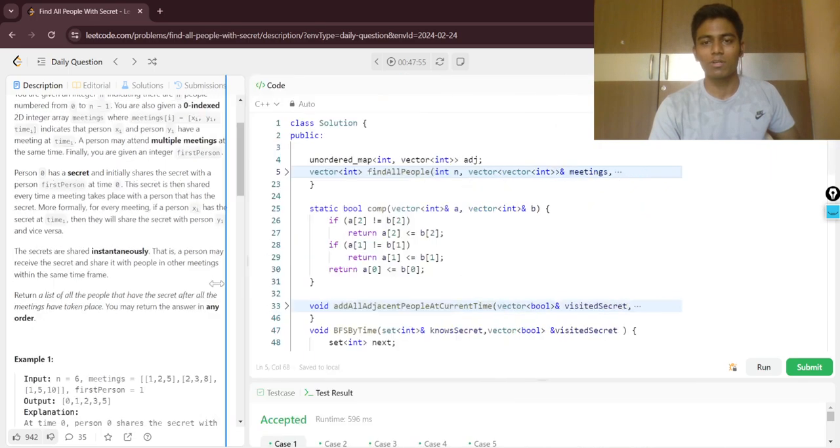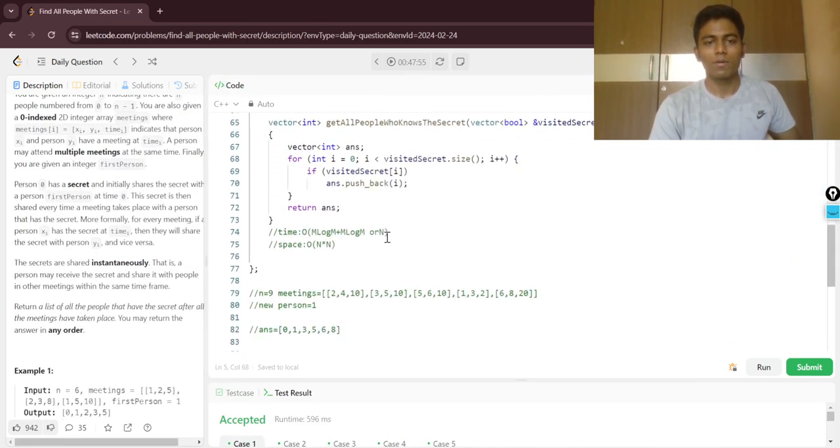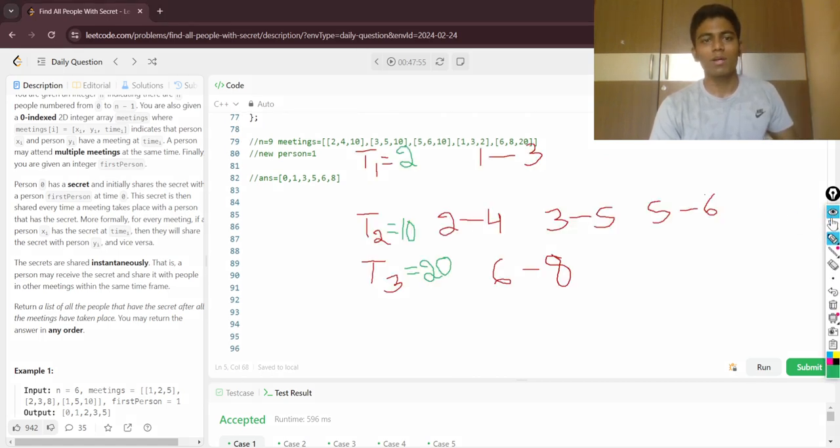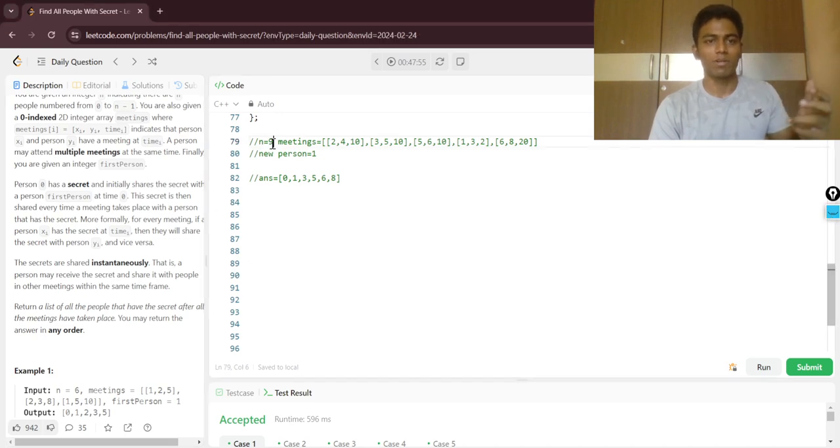So let's dive into the example. Let's assume there are n people, which is nine, and these are the meetings which are going to be held.